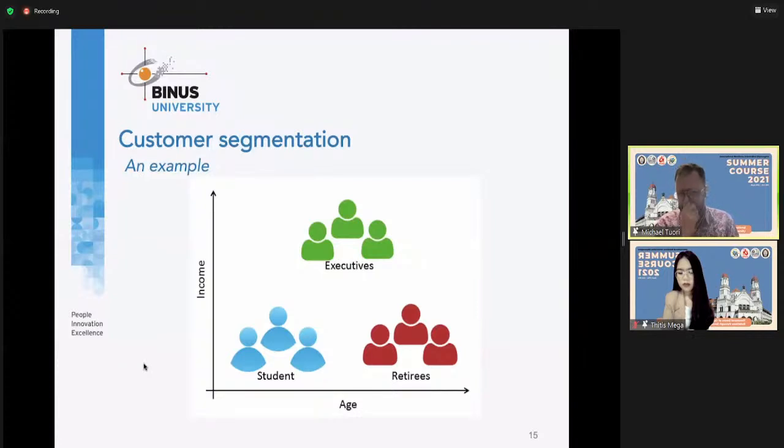Retirees, maybe they want it very simple, not a lot of features. Students maybe want certain features, that they can handle the technology better and understand and use the technology better, but they still don't need a ton of features because they can't afford those. Executives maybe want very specific features. They want to be able to customize the product.